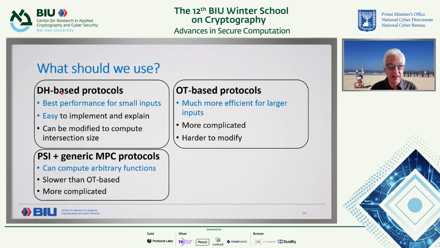When we use the Diffie-Hellman-based protocols, it's a function that you can evaluate many times, so you don't need hashing, and you don't have the problems that come up with this probabilistic analysis. When you use these OT-based protocols, which are efficient maybe by 3 orders of magnitude, definitely by 2, you use pseudo-random functions that can only be evaluated once, and therefore you need hashing, and then you run into these probabilistic analysis problems.